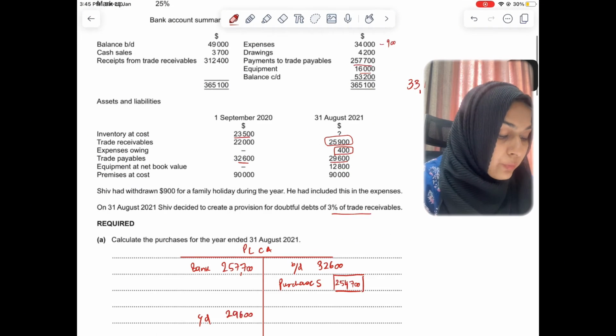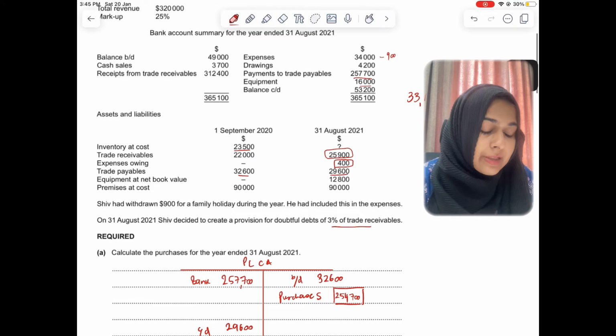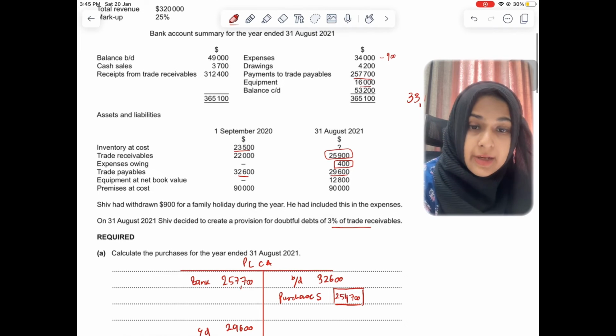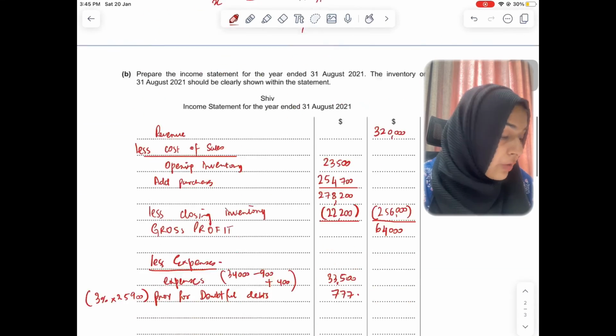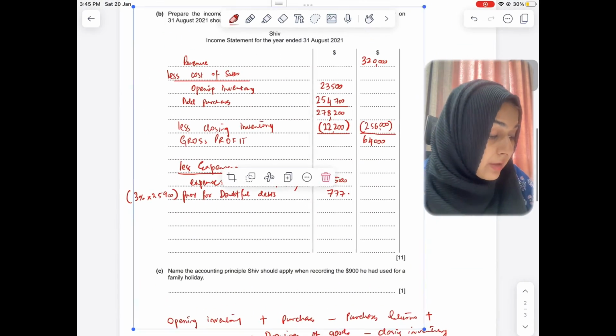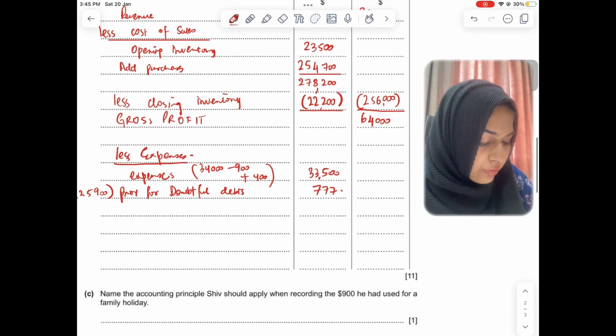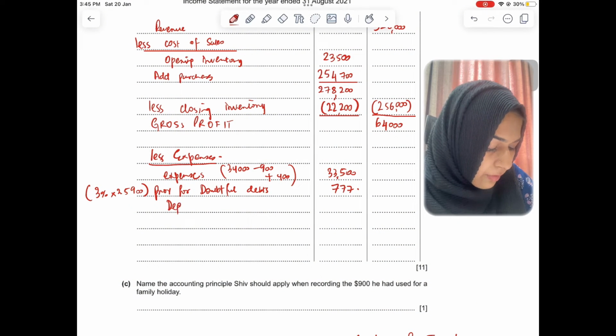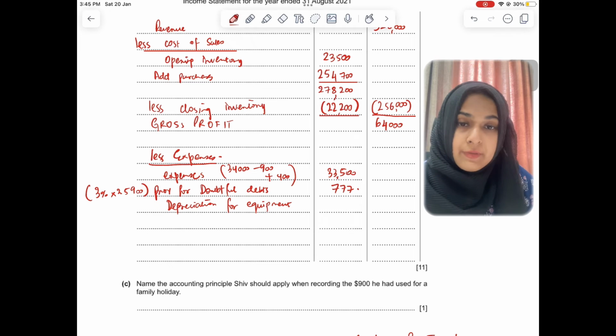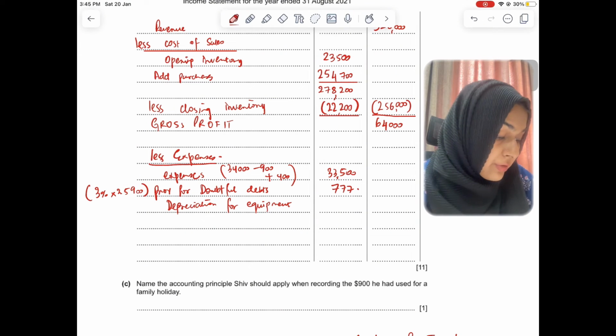You don't have any sale of non-current assets. You just have one purchase, and in the end you have a net book value of 12,800. So now you just subtract both of these values. So when we calculate depreciation for equipment, you subtract 12,800 from 16,000, so you get 3,200.